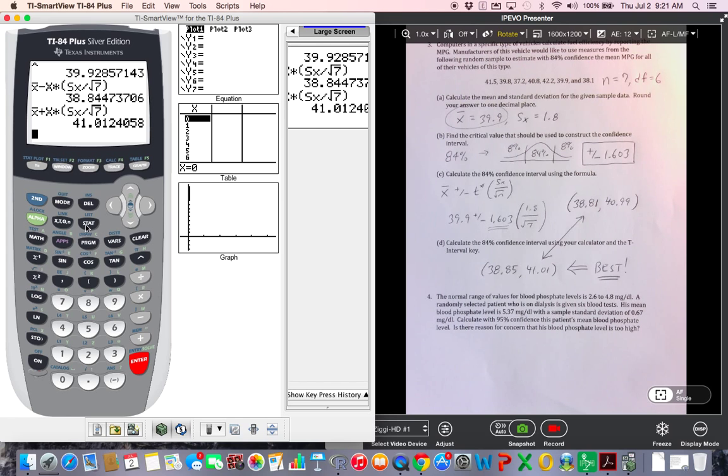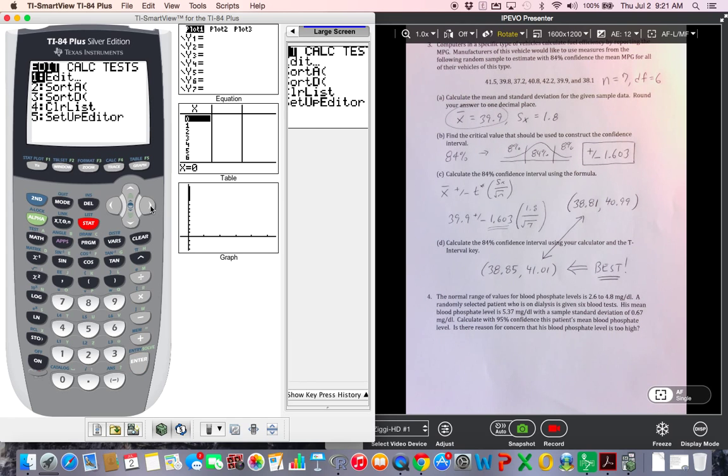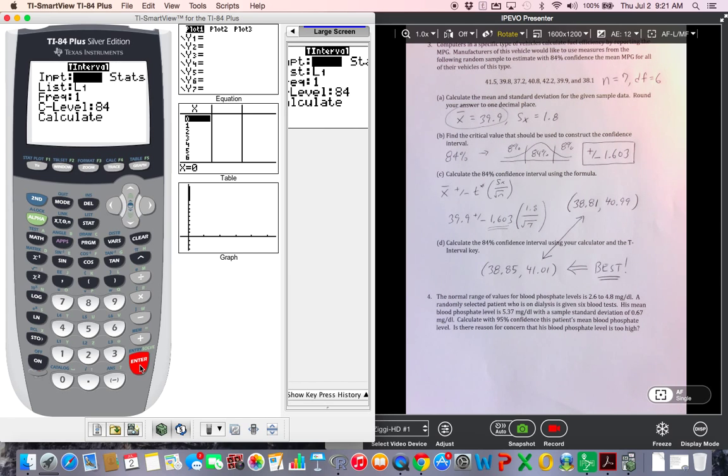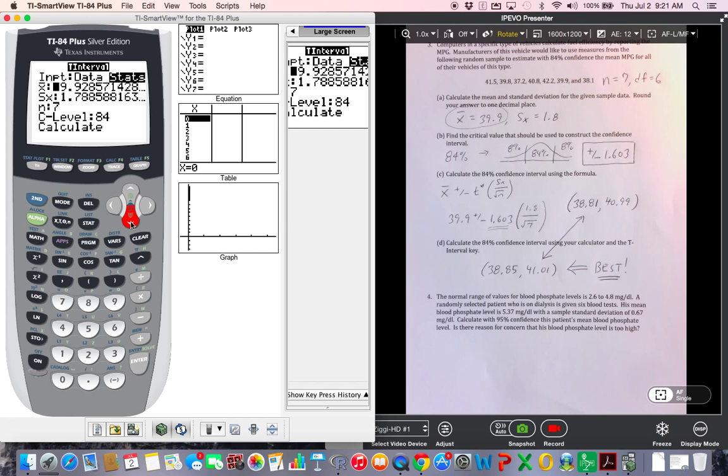Well, gang, I'm going to use the calculator. I'm going to go down here to the t-interval because when I read the problem, I realize that the population standard deviation is not given. I don't have my data. I have the statistical results. It says the mean is 5.37. The problem gives us a standard deviation of 0.67.